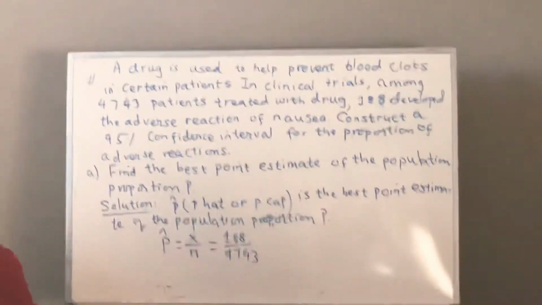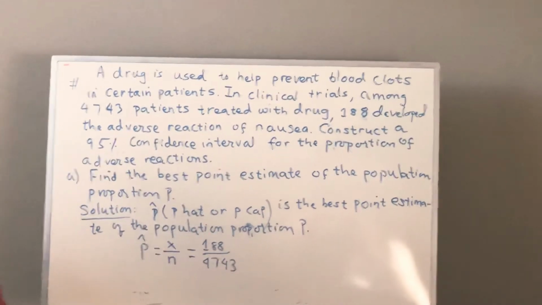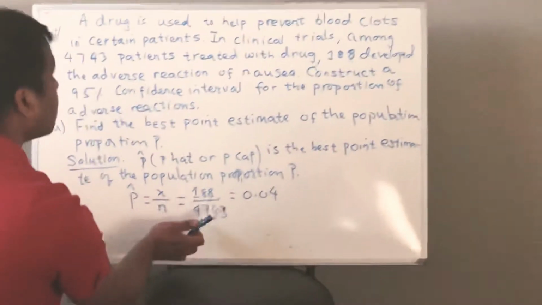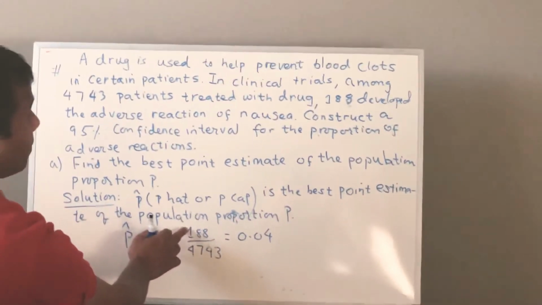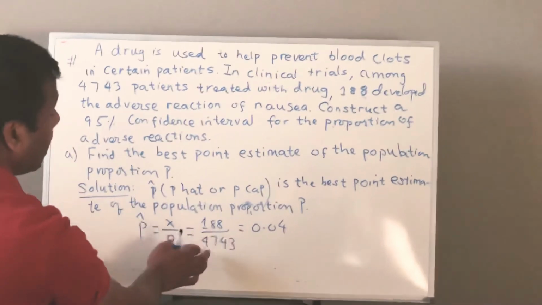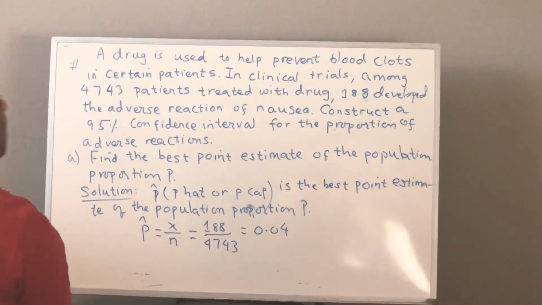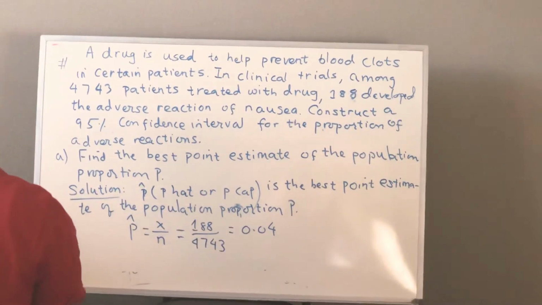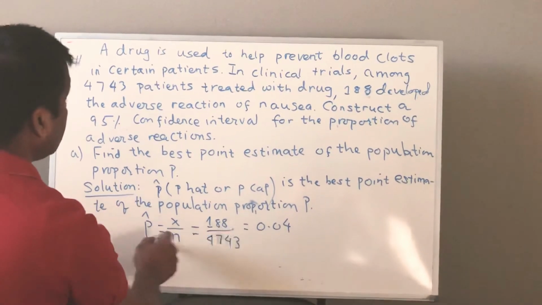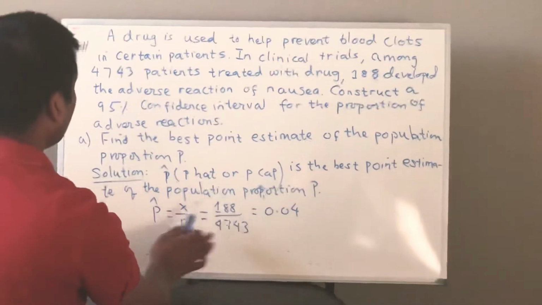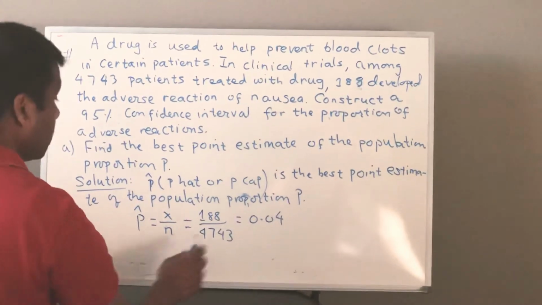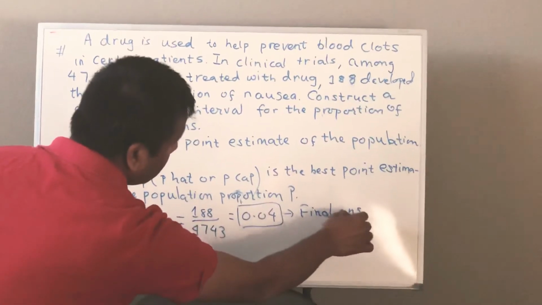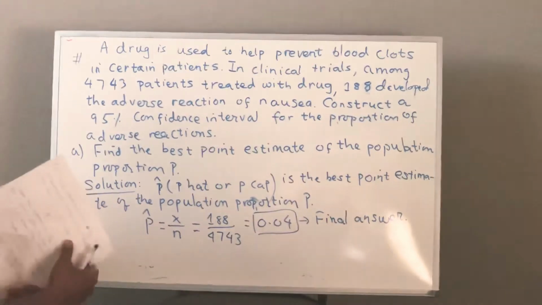If you divide 188 by 4,743, that gives you 0.04. So this is the value of P hat, the best estimate of the population proportion. This is the final answer for part A.